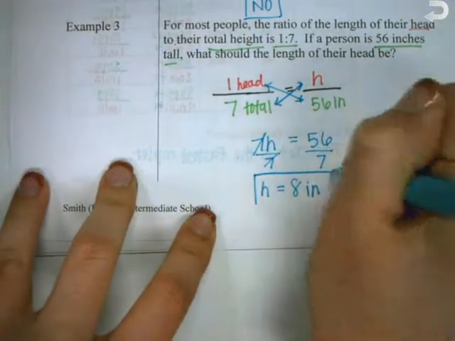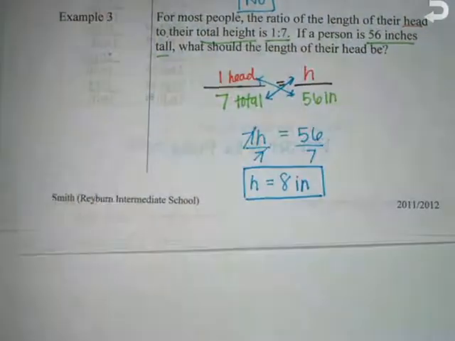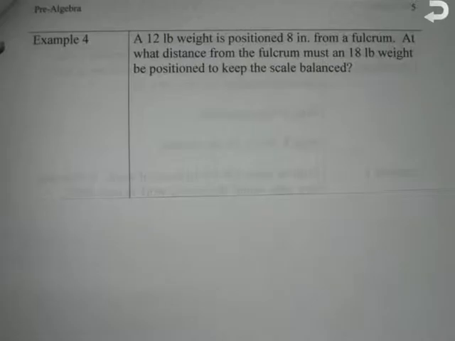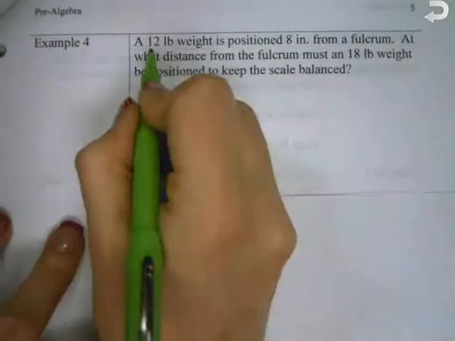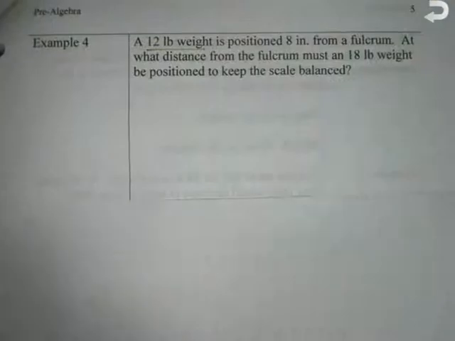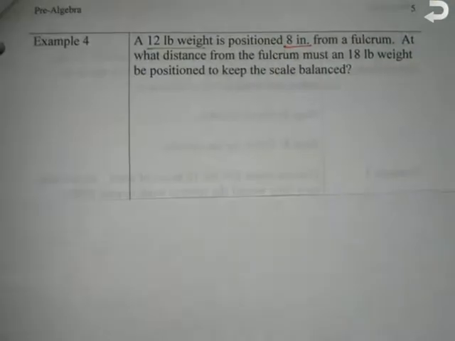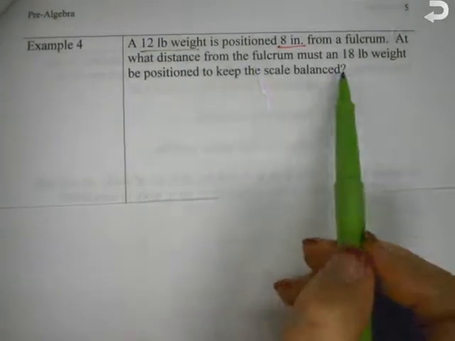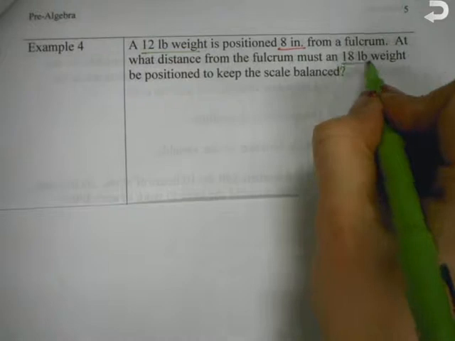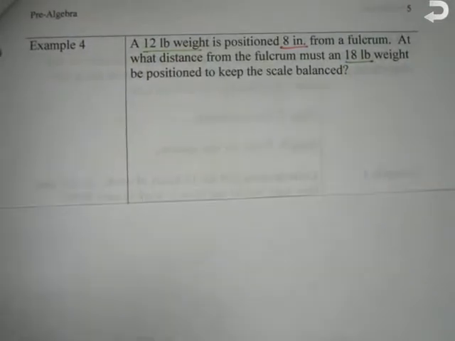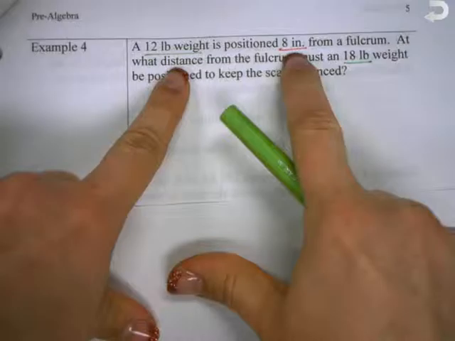Alright, so for example 4, we have a 12-pound weight is positioned 8 inches from a fulcrum, which is like those scales that you use in science, the balances. At what distance from the fulcrum must an 18-pound weight be positioned to keep the scale balanced? So we first need to write this first piece of information as a ratio. Okay, what do you guys want to put on top? It really doesn't matter.